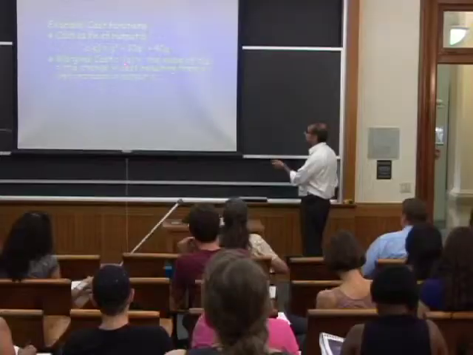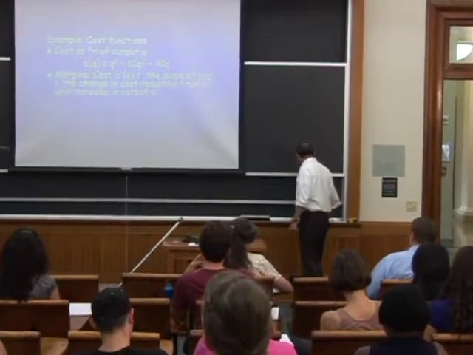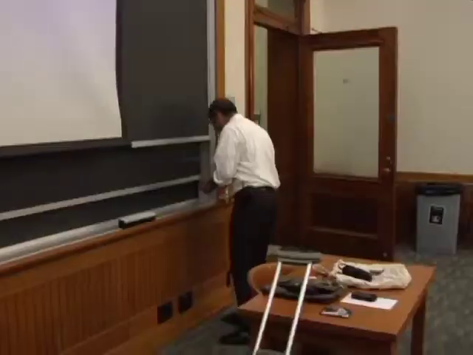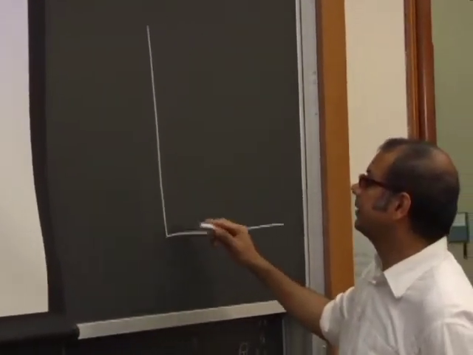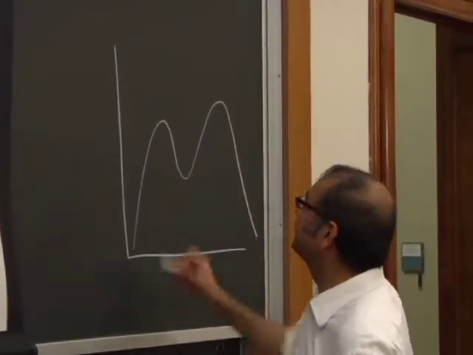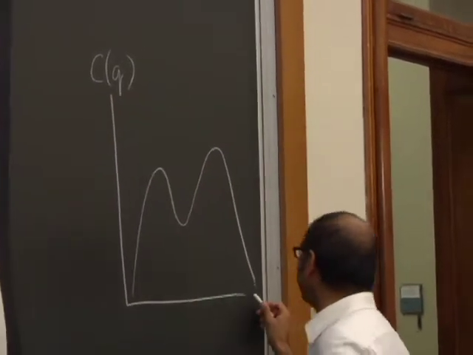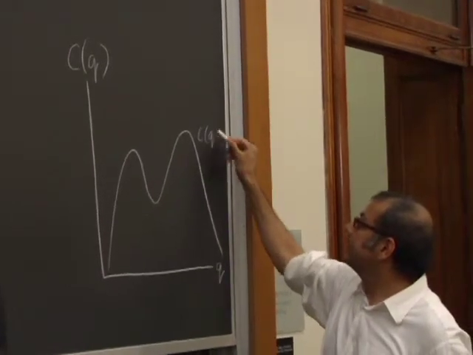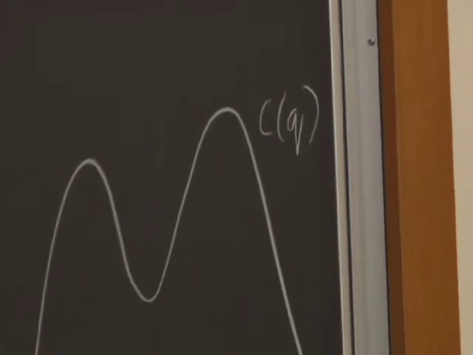And it has this formulaic form, and it might look something like this. Q might be the quantity produced, and this is the total cost as a function of quantity produced.